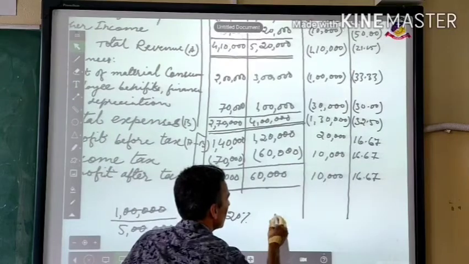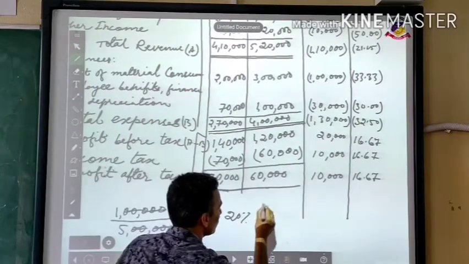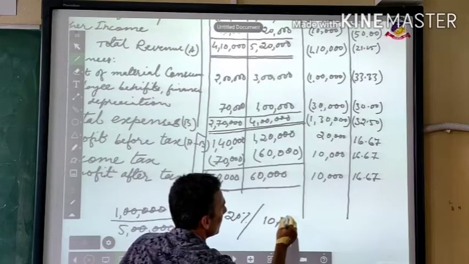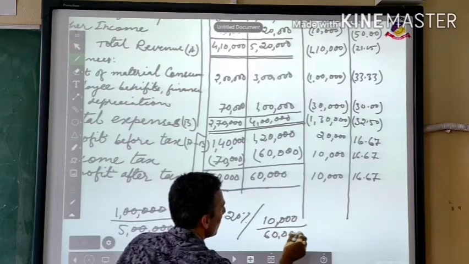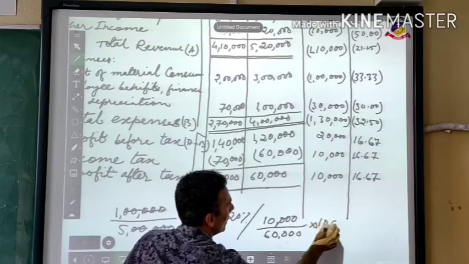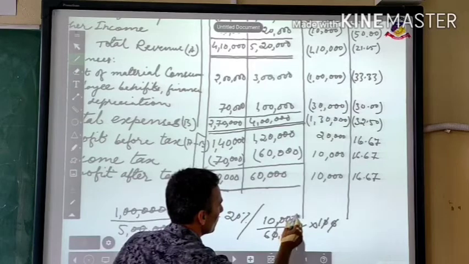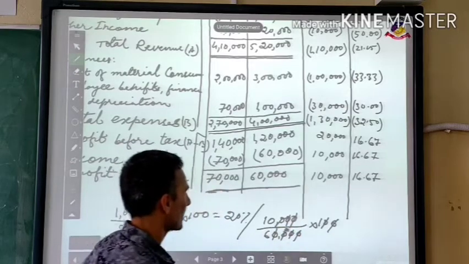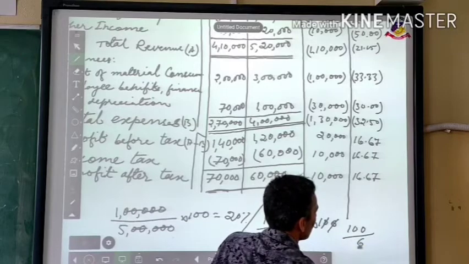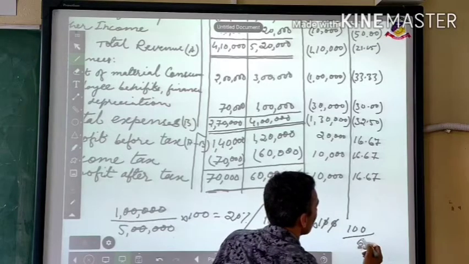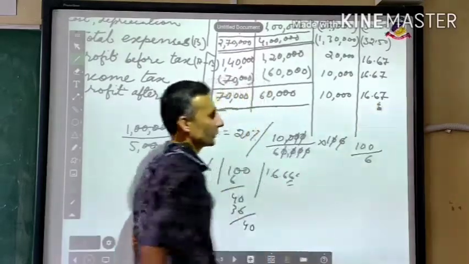When we find the percentage change, absolute figure 10,000, previous year is 60,000, into 100. The zeros cancel. So you have 100 by 6. When you divide, you will get 16.67.